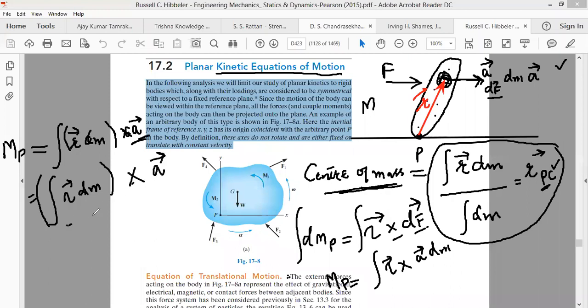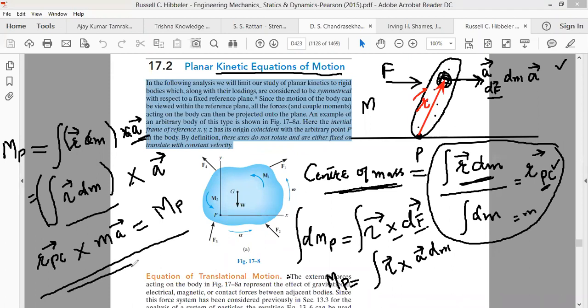From the definition of center of mass, integral r dm can be written as r_pc, the position vector drawn from point P to the centroid, times integral dm, which is equal to m. That m we multiply with a, giving m a, and this is equal to the resultant moment about point P. So remember this equation, it is a very important equation that we must remember.